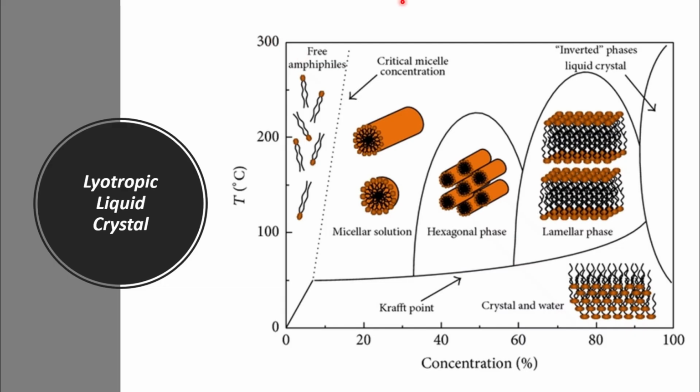As you increase the concentration, the arrangement of the molecules changes and they show different liquid crystal phases. The common lyotropic liquid crystal phases are micellar phases here and lamellar phases here, and they are very important in biology.